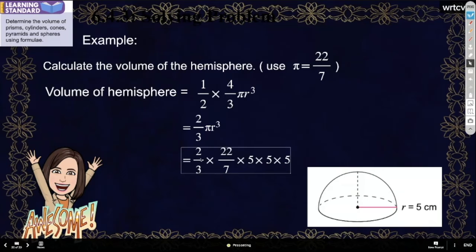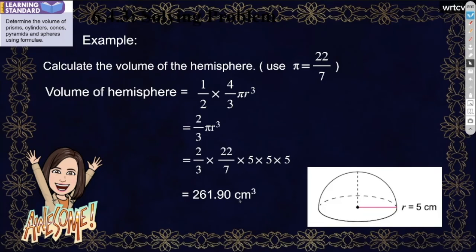Okay, masukkan semua nilai dia betul, press your calculator, then the last answer is 261.90. Okay, cubic centimeter. So that is the difference between the sphere and the hemisphere. Kalau dah ingat sphere punya rumus, tak ada masalah untuk hemisphere. You know it's half of it, 2/3. Okay, 2/3 bukan 4/3 dah.